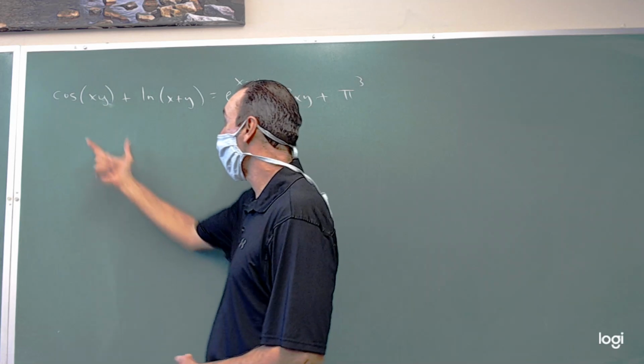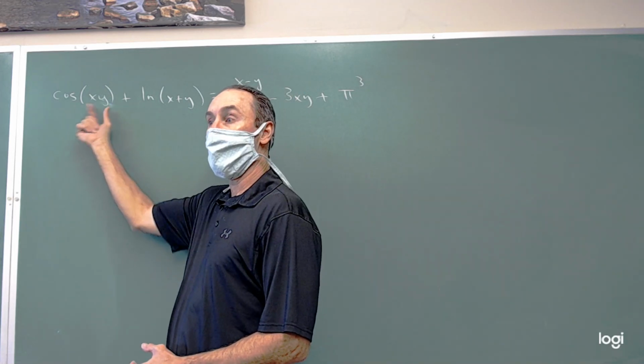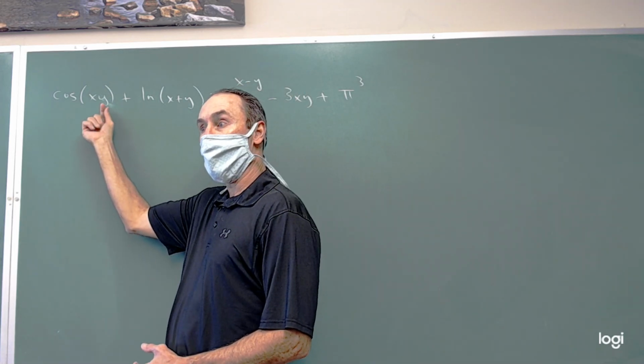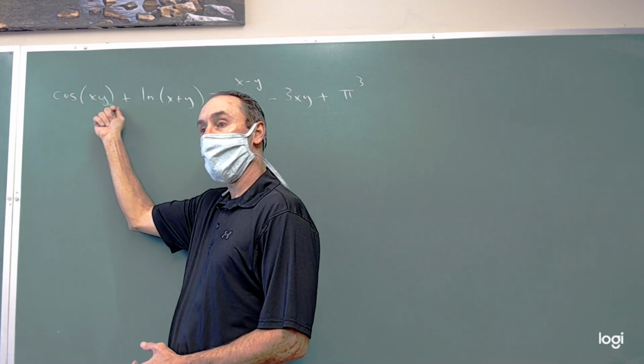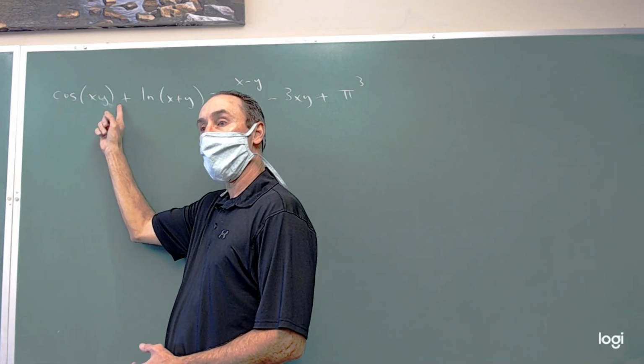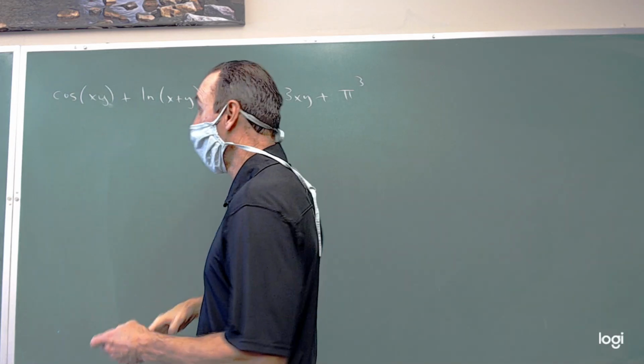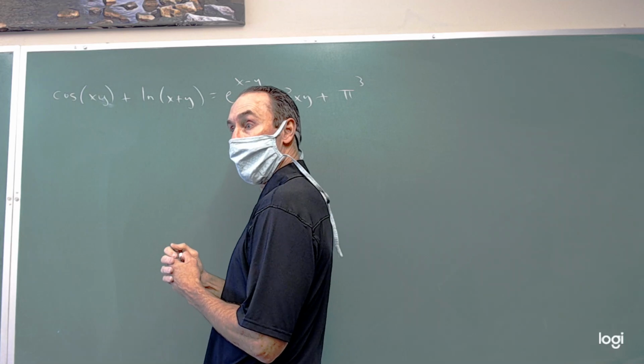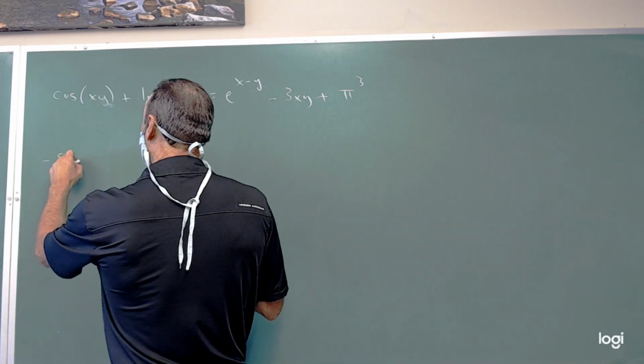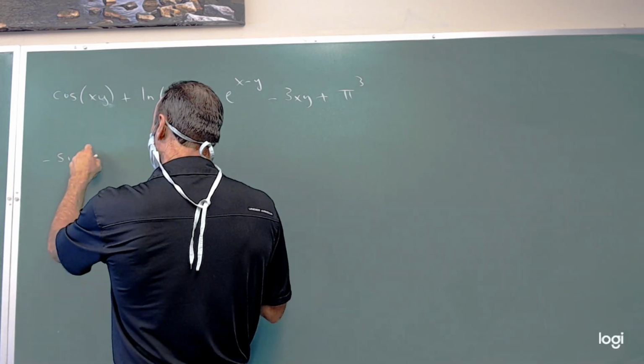So first of all, this one. This is a chain rule derivative with a product inside. So we're going to take the derivative of the outside function, leave the inside function alone, times the derivative of the inside function, which is going to involve a product rule. See the groundwork? Okay, derivative of cosine is? Negative sine, nice. And we leave the xy there.